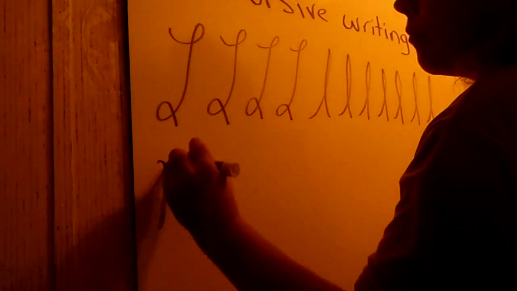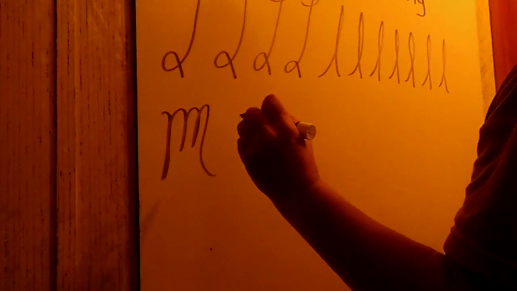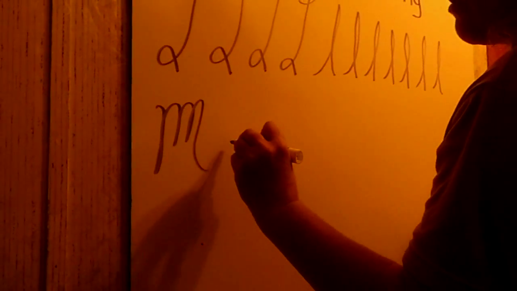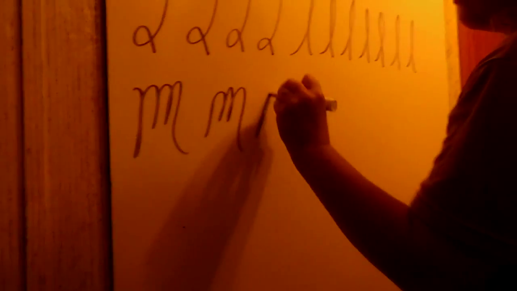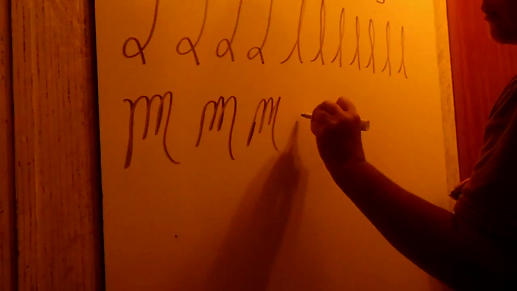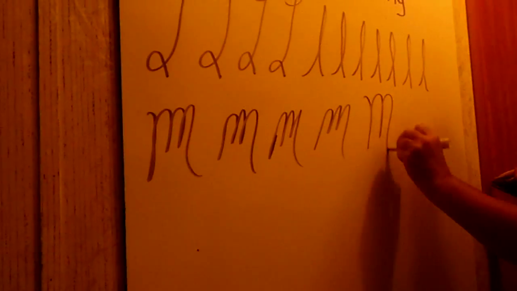M is your lowercase m. It's got 3 bumps to it. And your capital M's.